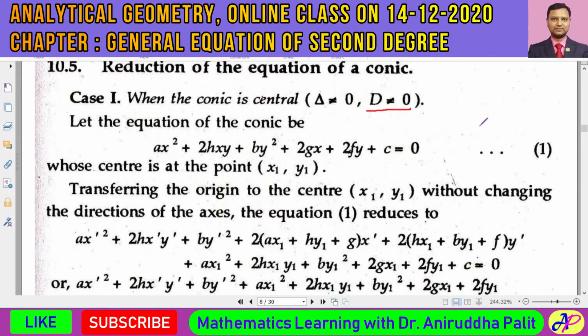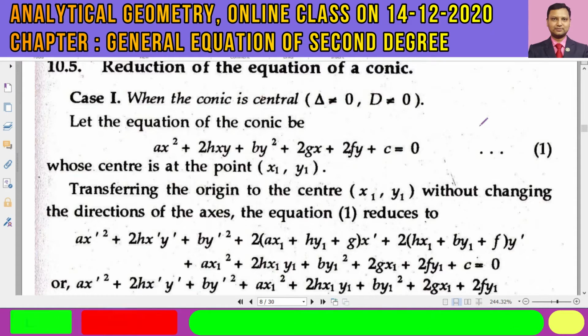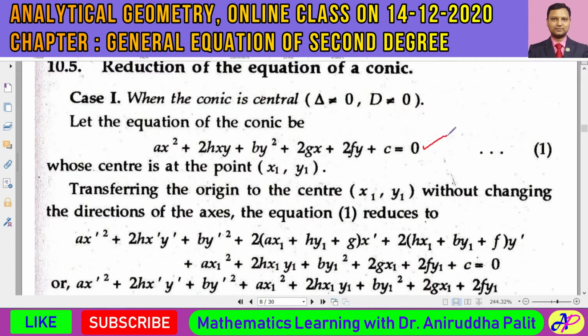So this is a theoretical discussion, the first part of this class. I am going to show how we can convert this given general equation of second degree into its corresponding canonical form.